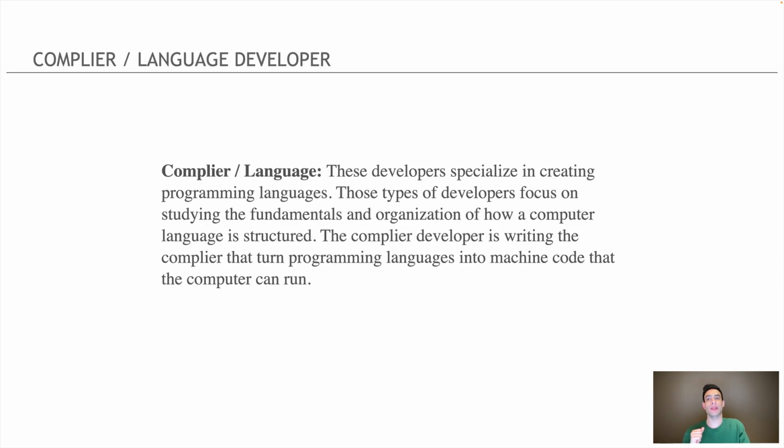And then compiler, language developer. I think this is the hardest software engineering role you can have as a programmer. These developers specialize in creating programming languages. These are the people that invent Python, Java, Ruby, C++, which is extremely difficult. They focus on studying the fundamentals and organization of how a computer language is structured.